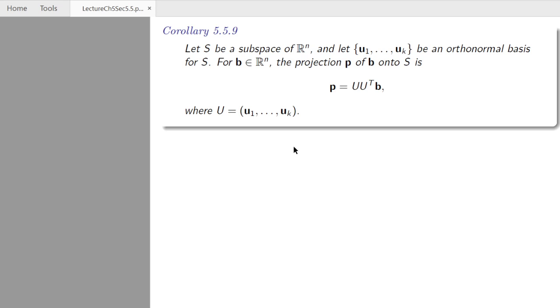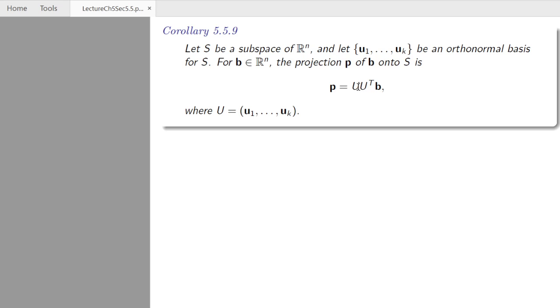Corollary 5.5.9. Here, we consider a vector b. b belongs to R^n. In this case, the projection p of b onto S is given by U times the transpose of U times b.